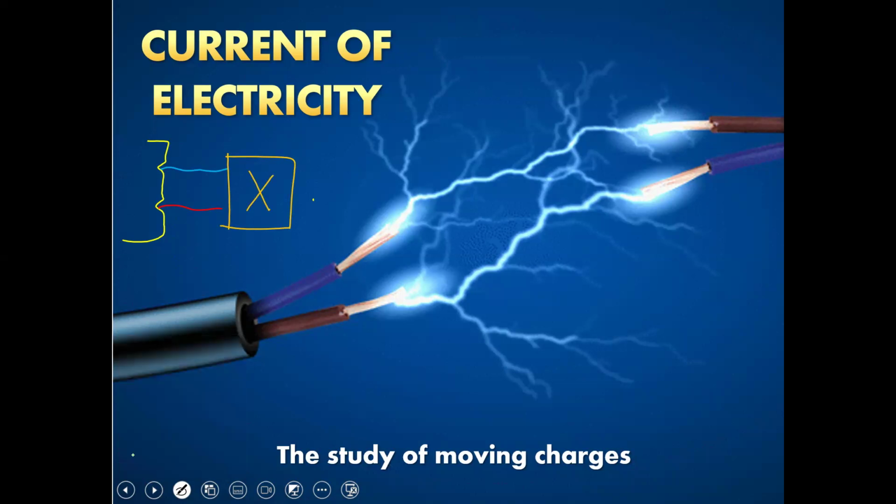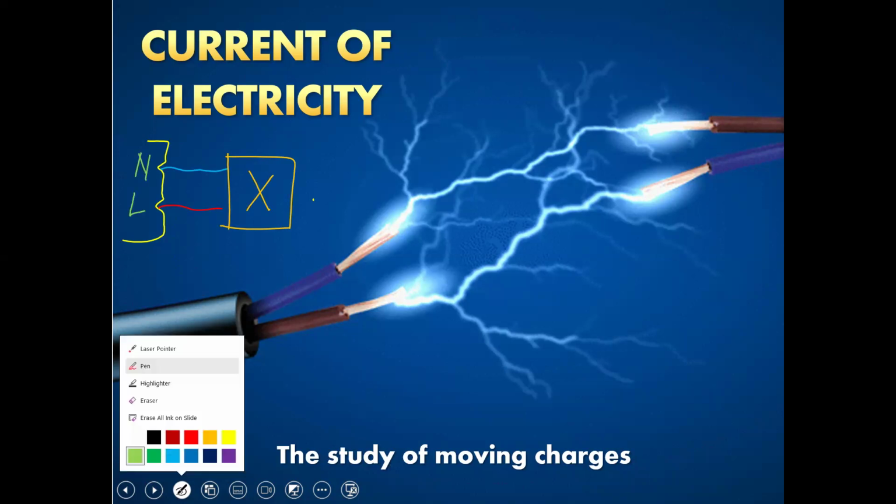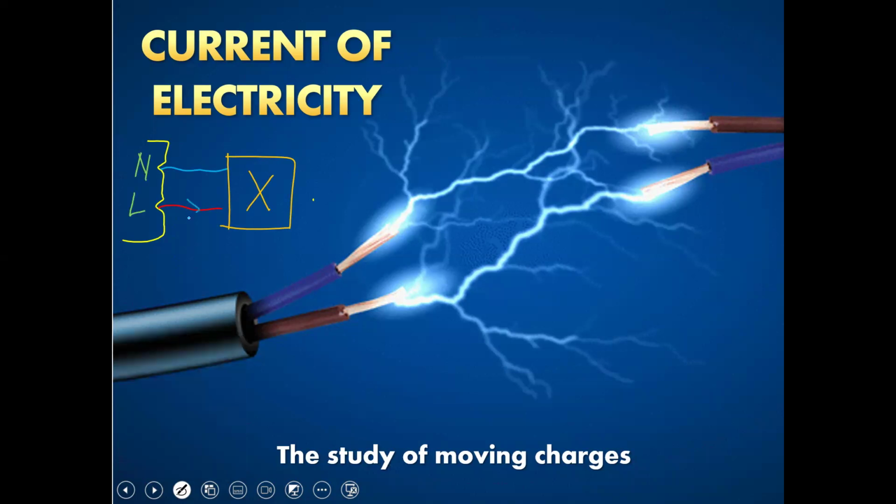So we have two sockets here. One is called neutral and one is called live. The high energy electrons travel from the live wire and reach the device. They offload the energy inside the device, and the exhausted electrons go back to the socket board for the next round.